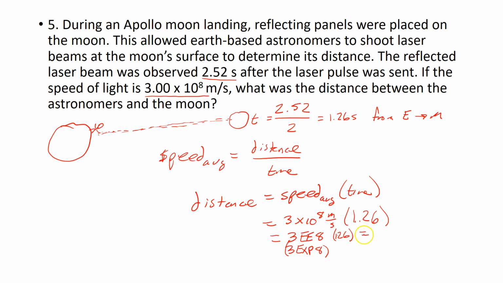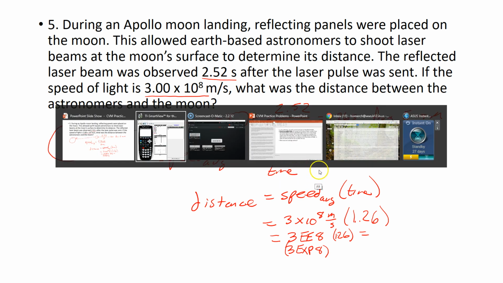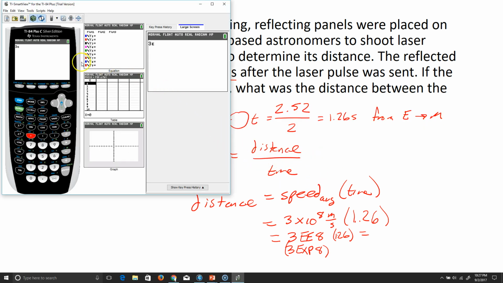Let's pull up that calculator again so that we can do it. So we've got 3 times 10 to the 8th, so I've put it in, times 1.26, and here I end up with an answer of 378,000,000.